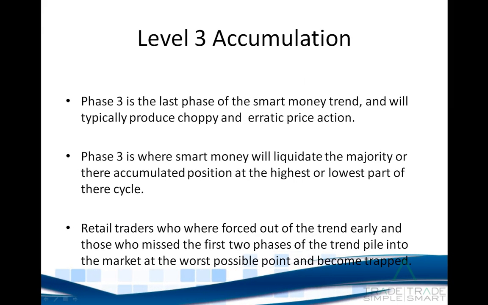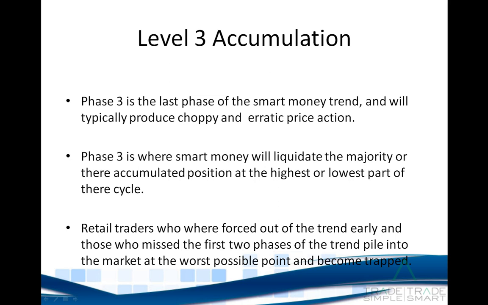So as we know, phase 3 is the last phase of the smart money trend, and it will typically produce choppy and erratic price action, which by now we know as level 3 accumulation. Now, phase 3 is where smart money will liquidate the majority of their accumulated position at the highest or lowest part of their cycle.